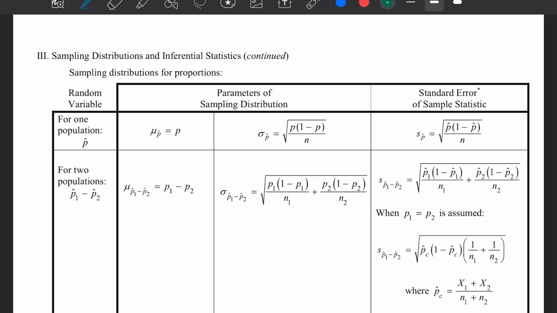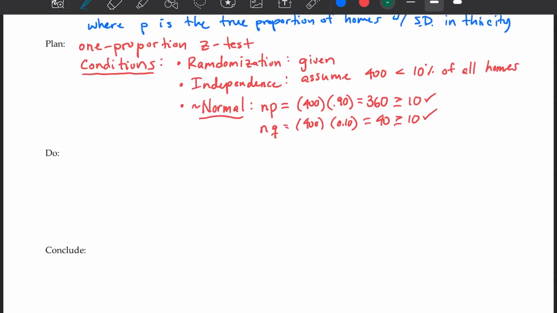So let's go ahead and find those things. So we know that p is equal to 0.90. And the standard deviation is going to be the square root of 0.9 times 1 minus 0.9 all over n, which is our sample size, which was 400 homes.